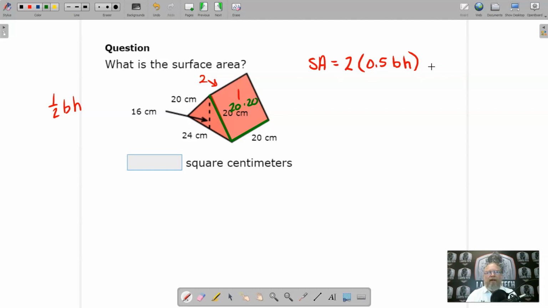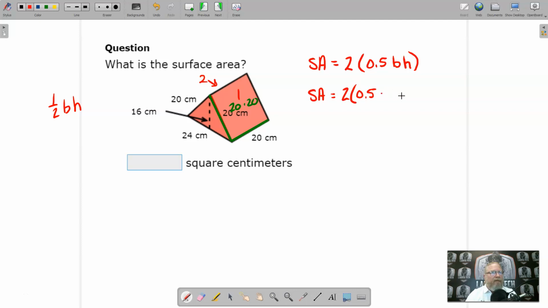So it's really hard to kind of build a formula for that because I would have to have a separate formula for the 3 different types of triangles. So let's go ahead and just work this particular one, not really with a formula, but just kind of put it all together. So let's go with our surface area is going to equal our 2 triangles, and let's put in that 0.5.